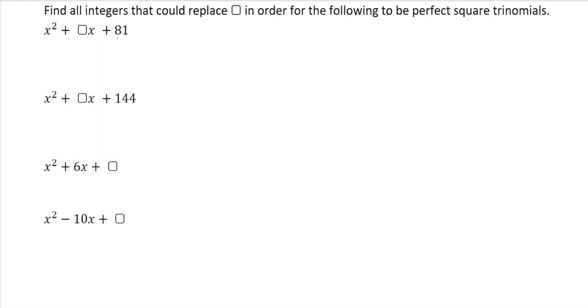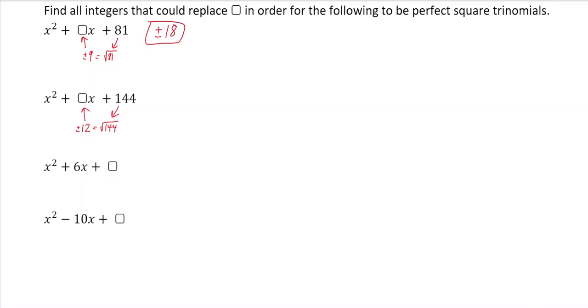Okay, so we're working backwards, so we're going to take the square root of 81, which gives plus or minus 9. So that means our answer, when we double it, is going to be plus or minus 18. Okay, we're going to do the same thing over here, square root of 144, which gives us plus or minus 12.